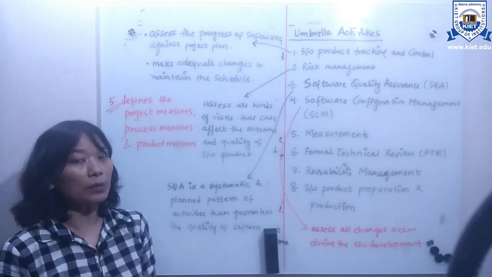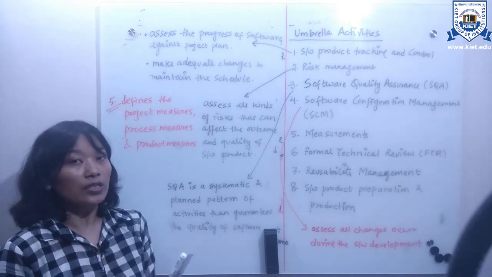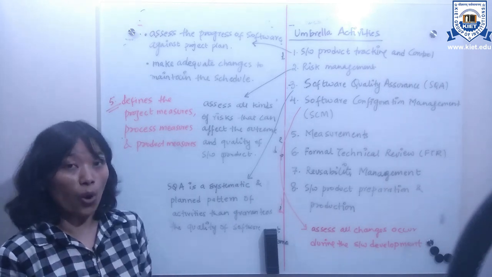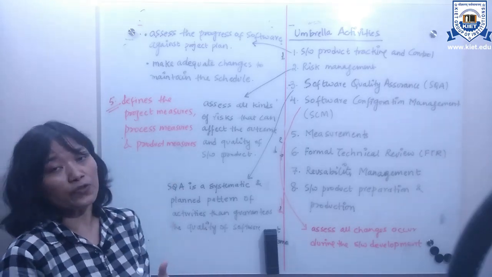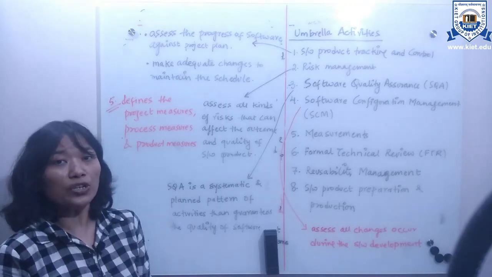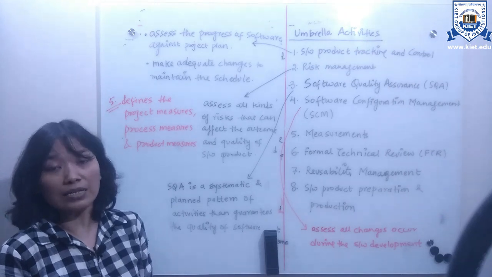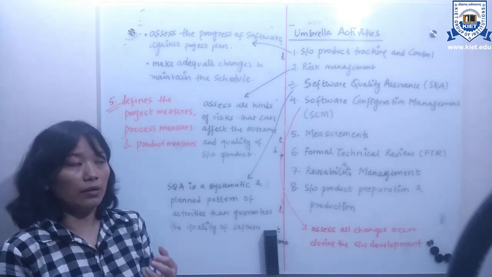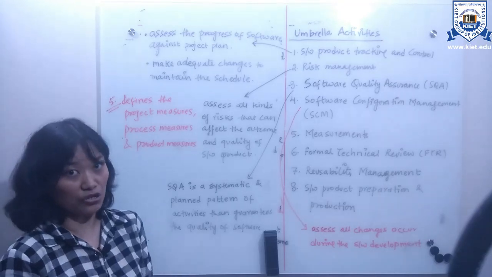Generally direct measures can be defined with the number of lines of code, the program size, the cost, and the time. The indirect measures basically define the quality of the software, under which you can say maintainability, usability, accessibility, integrity, and so on. So these are the indirect measures.